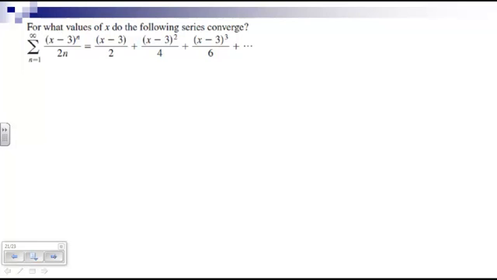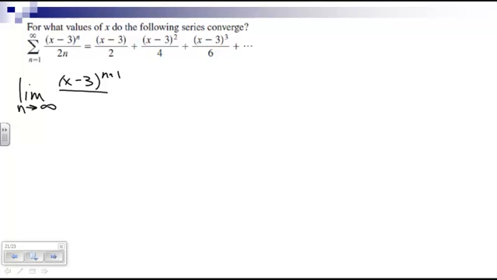What do we do first? So what we do is we take this and multiply by 2n over 2n plus 2.